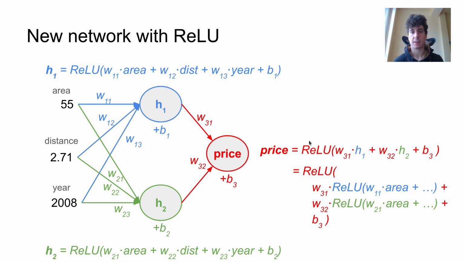And the price is ReLU of weights times inputs plus b3. So now we cannot break the parentheses or do anything. Now the new network is more complicated than the previous one, so it might do better.